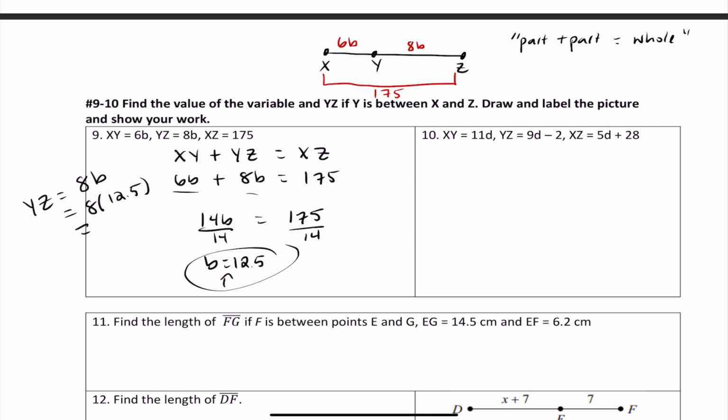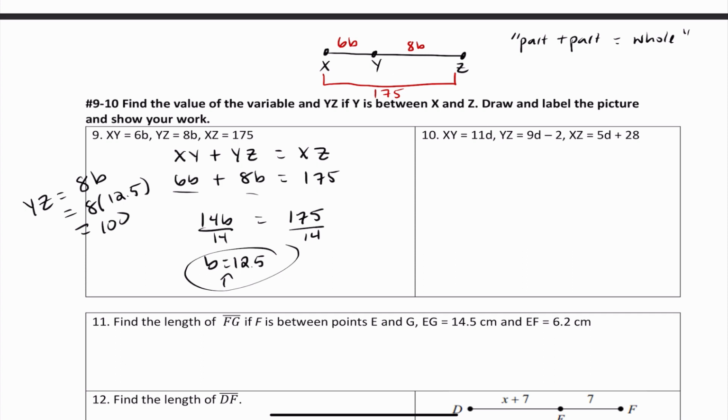You multiply, and you should just get 100. So the measure of yz is 100. So this thing here is actually 100. And I assume, just by looking at this whole thing, if this is 100, this has to be 75. But you don't need to solve for this. You're just going to look for what the measure of yz is.